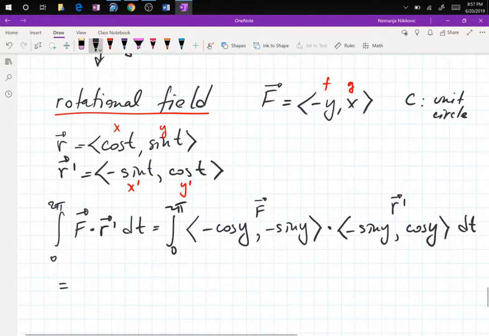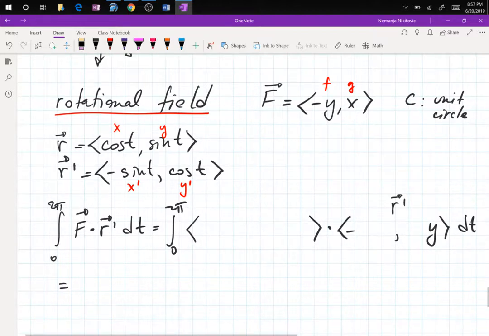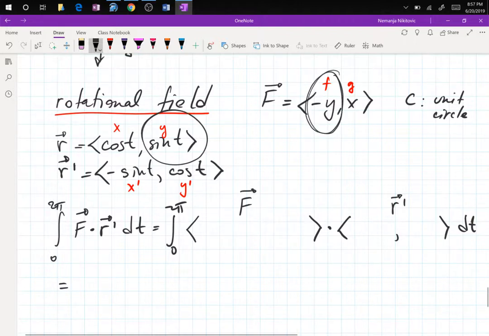Negative y. Oh, I used the wrong values, guys. So I'm just going to redo this so I use the right values. This is my f, and it's negative y, and this is my y, so that's negative sine t. And then x is cosine t.